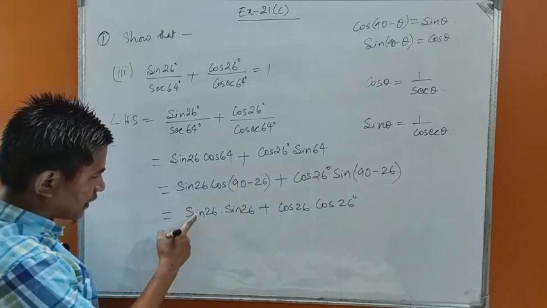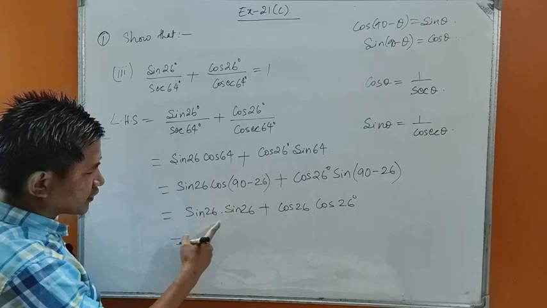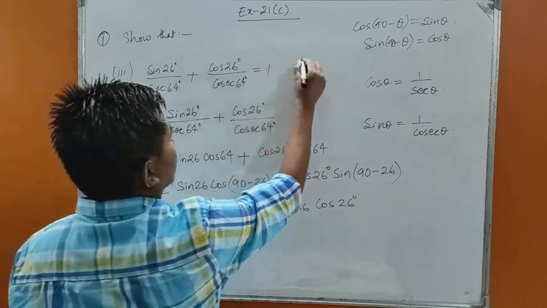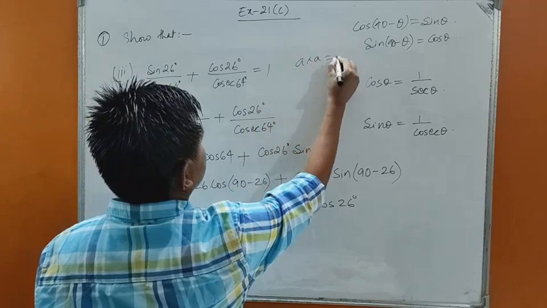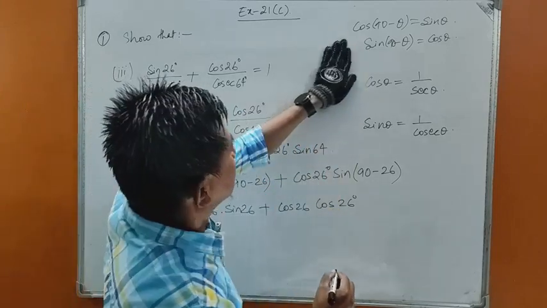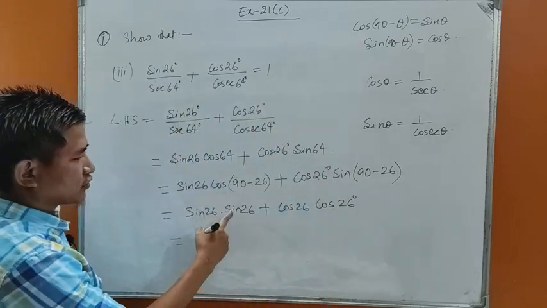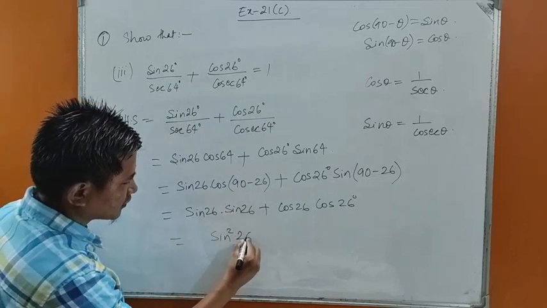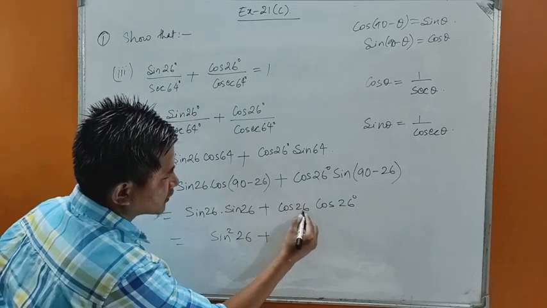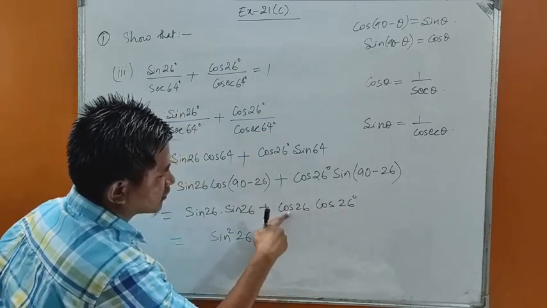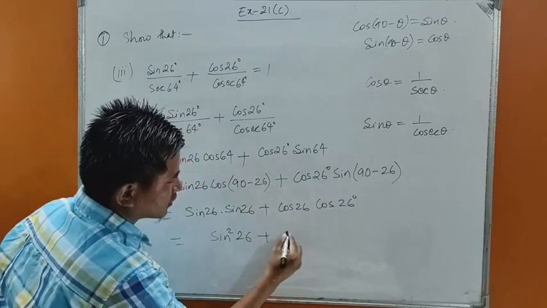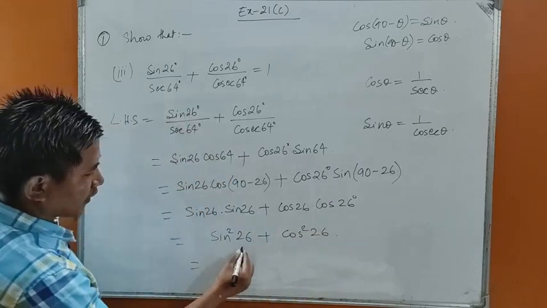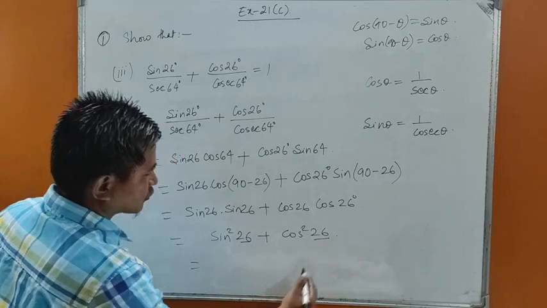So here we have sin 26 into sin 26, same number, a into a becomes a square, isn't it? So sin 26 into sin 26, sin square 26, plus cos 26 into cos 26, cos square 26.